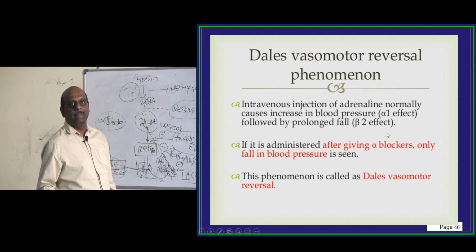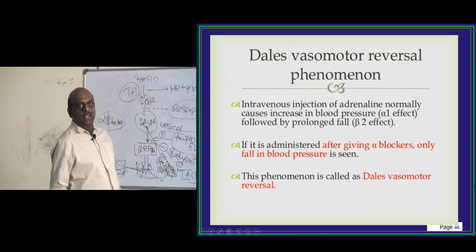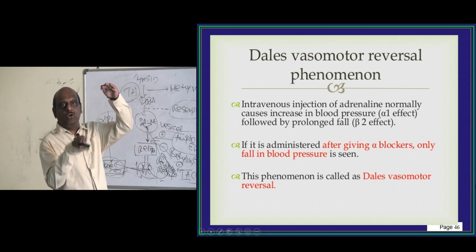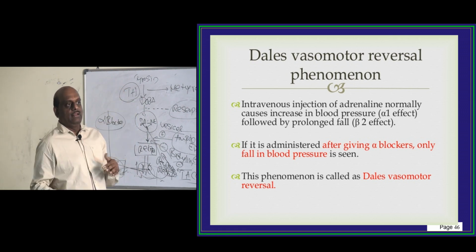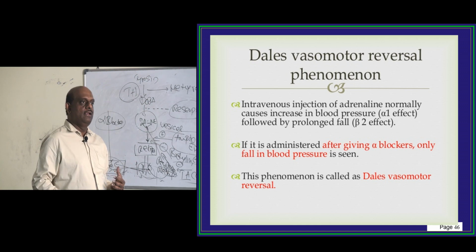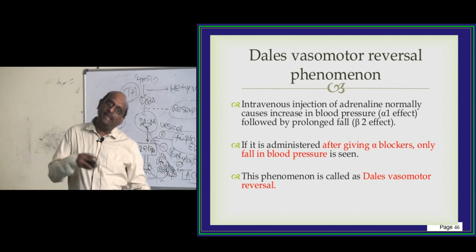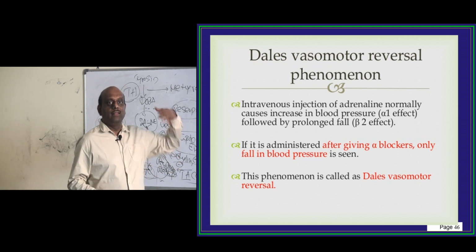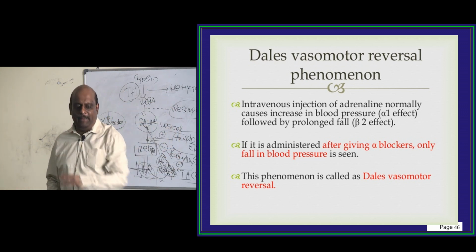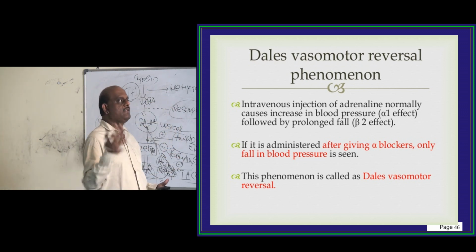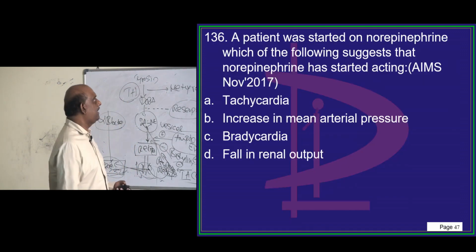Vasodilatation and fall of BP. So instead of a rise of the BP followed by the fall, if you give an alpha blocker and then adrenaline, there will be only a fall in the BP, which is called Dale's vasomotor reversal phenomenon.